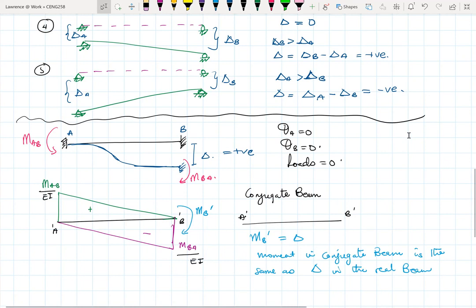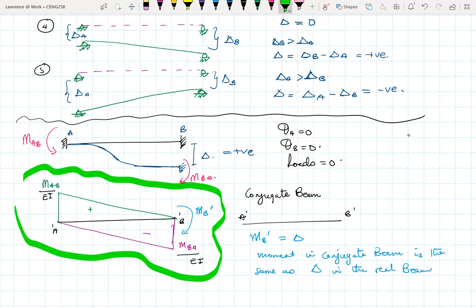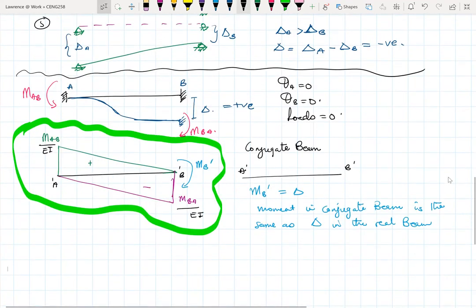All right. So based on this configuration right here, we can easily determine the moments MAB and MBA in terms of the deflection. So let's start by looking at the summation of moment at A, or let's say A prime, equals 0.